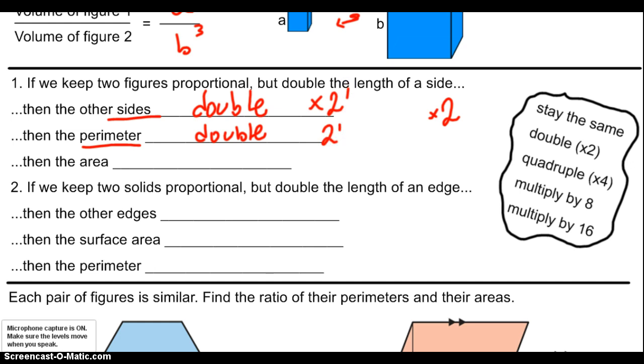Because length scales normally, right? If we're multiplying the length by 2, then all the other lengths will also multiply by 2. On the other hand, something that has to do with area doesn't multiply by 2, it multiplies by 2 squared. 2 squared is 4. So the area of that shape will quadruple.